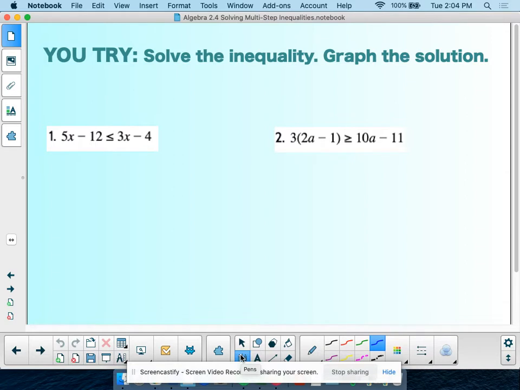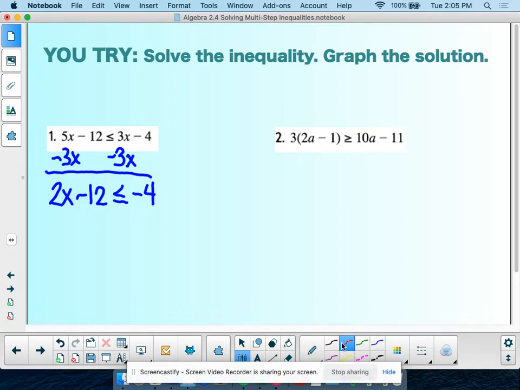Multi-step inequalities here. So we have variables on both sides, and we're going to want to bring them to the same side, right? So I'm going to subtract 3x. And then we're going to get 5x minus 3x is 2x. Drop down that 12. It's less than or equal to negative 4. Then from here, I have to bring over that 12, so it's the opposite of minus 12.